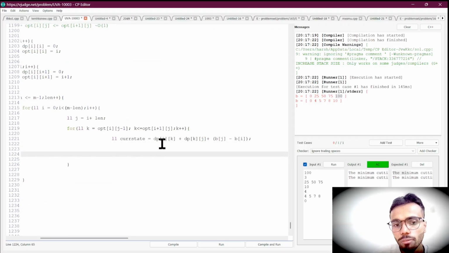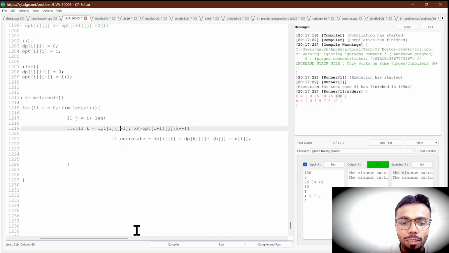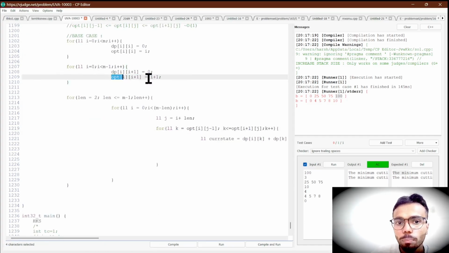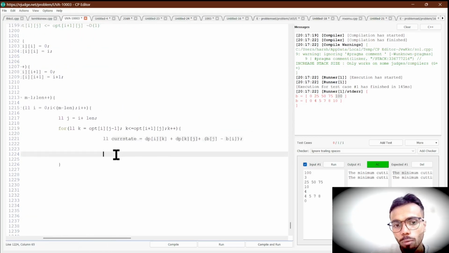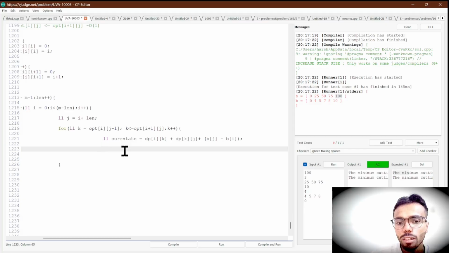Now, there could be one thing: I can just update the current state. But updating the current state will not lead to the overall update of the optimizer, because we have not calculated this optimizer. We are also building this optimizer together with the DP, right? So whenever our current state is lesser than the current state of dp[i][j], one thing is, as usual, update dp[i][j].